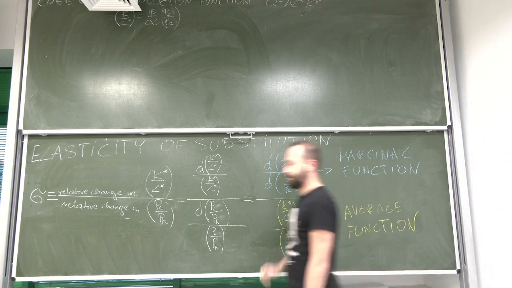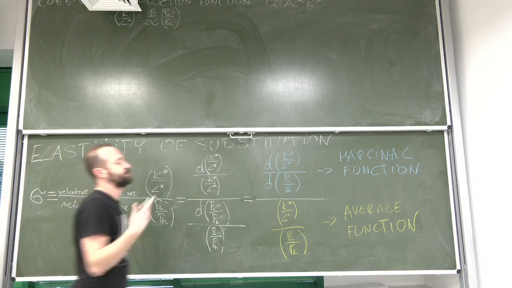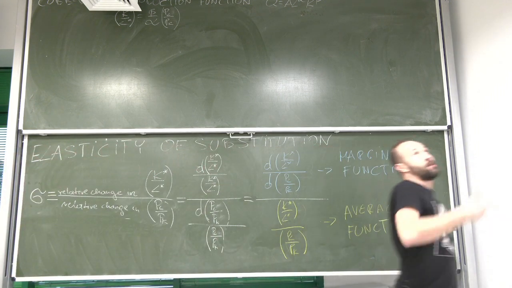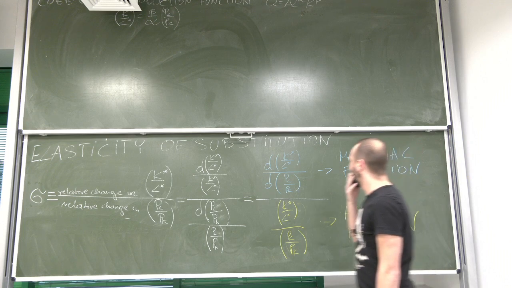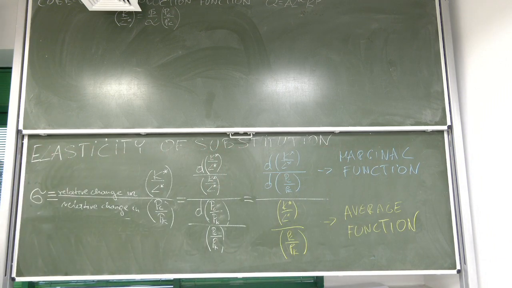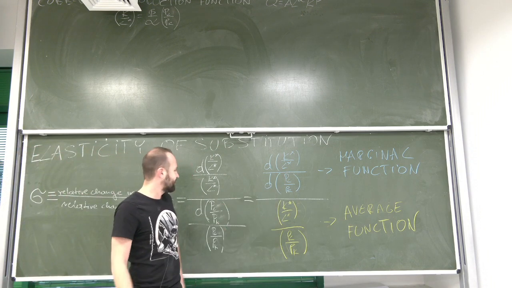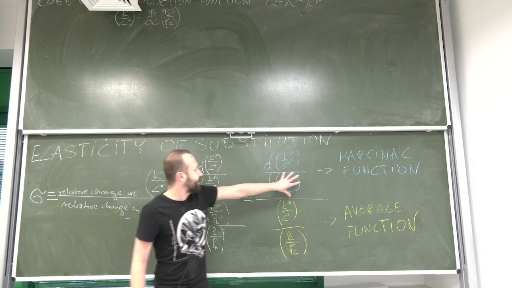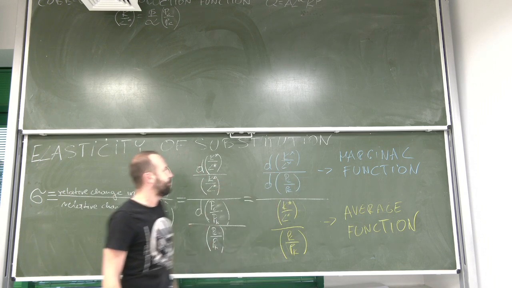Okay, so we know now how to calculate this elasticity of substitution. What about its economic interpretation? Let's start with the sign. Well, should we expect the sign to be positive or negative? If the price of labor is increasing, it would mean that the price ratio is going up, right?